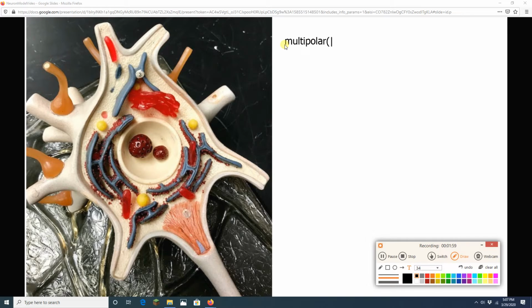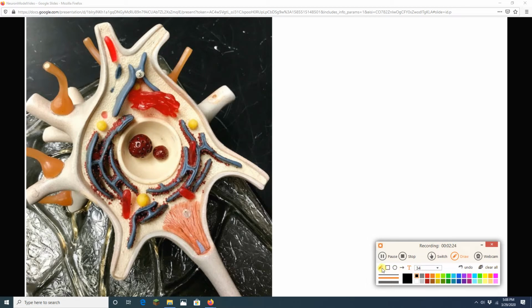Structurally speaking, this neuron is multipolar because it has an axon and many dendrites. Functionally speaking, this is a motor neuron. All right, that being said, let's keep on going.